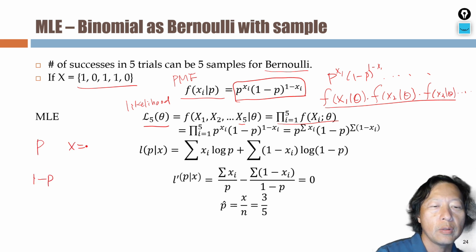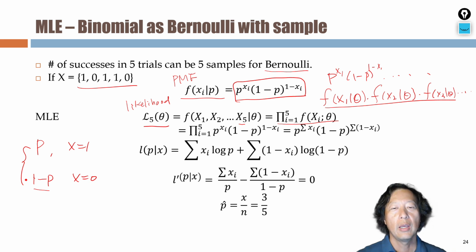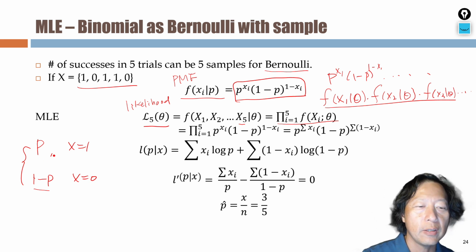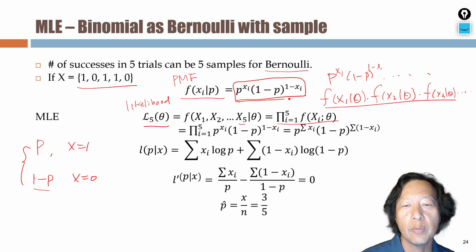If x is 1, then our probability will be the success probability. If x is 0, then my probability should be 1 minus p. That's Bernoulli, right?